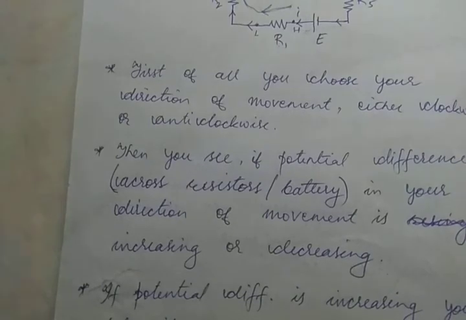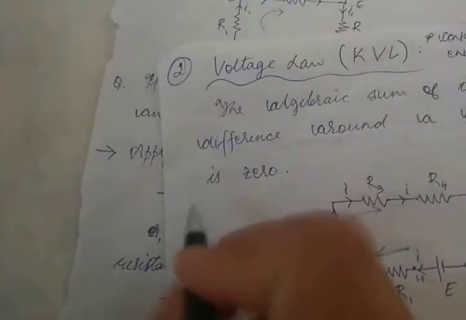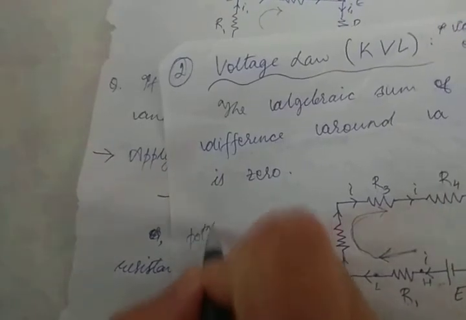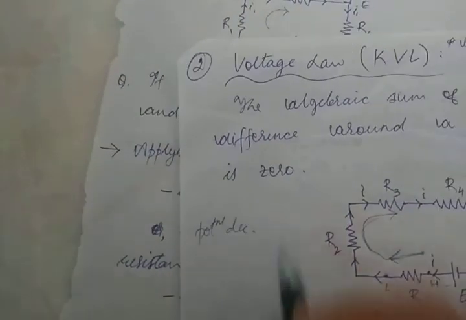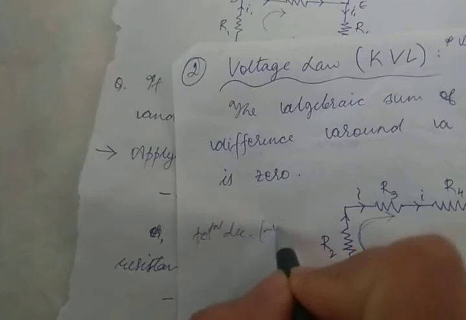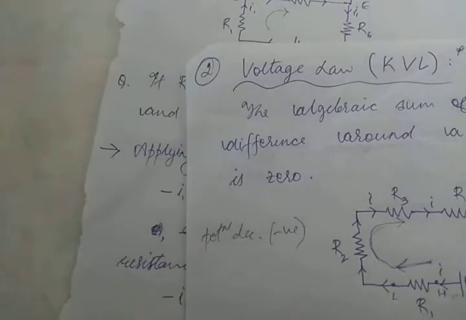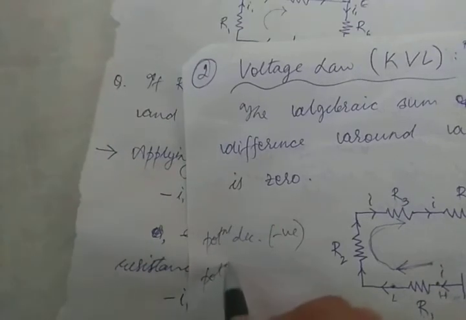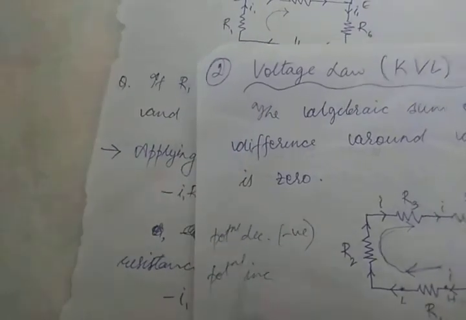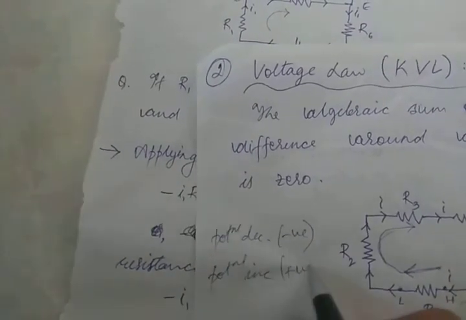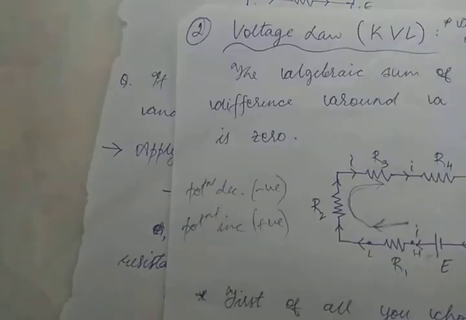Okay, so mind you, whenever you see that potential decreases, in that case you take the potential difference to be negative. Whereas if you see potential increasing, then you take the potential difference to be positive.